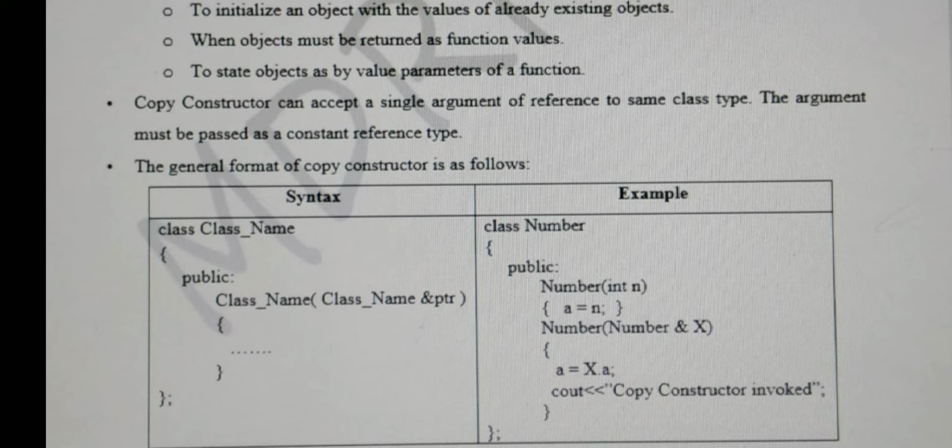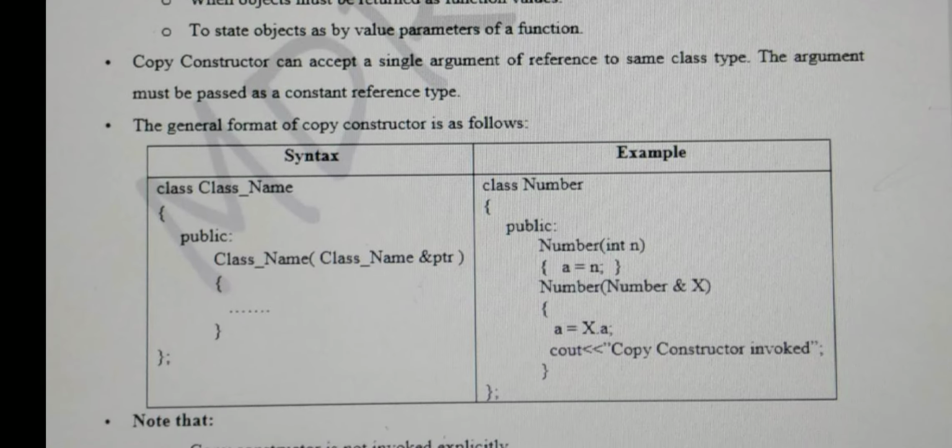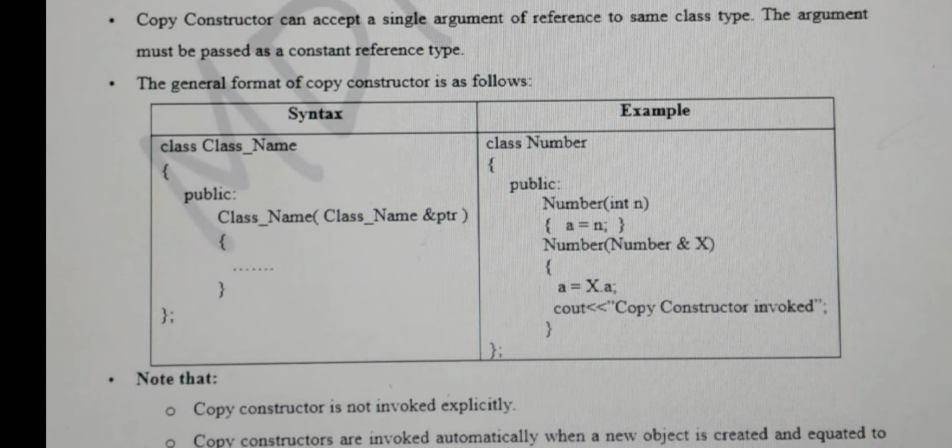We also use it to state objects as by value parameters of a function, pass by value and pass by reference. In that case also we use a copy constructor. A copy constructor takes only a single argument, and the type is class type.